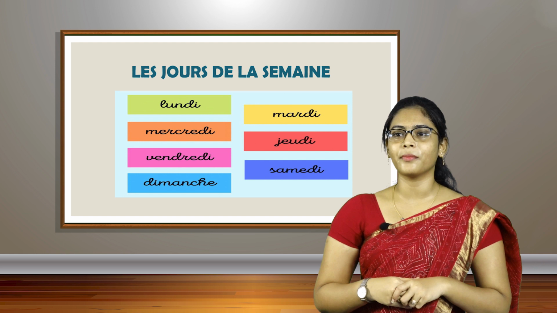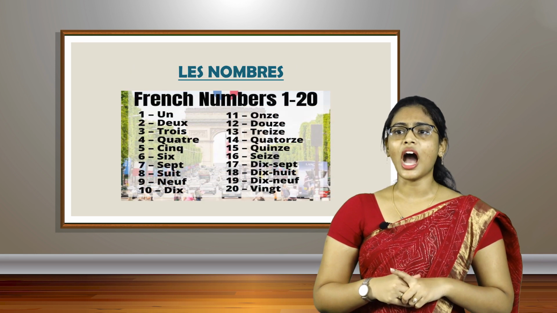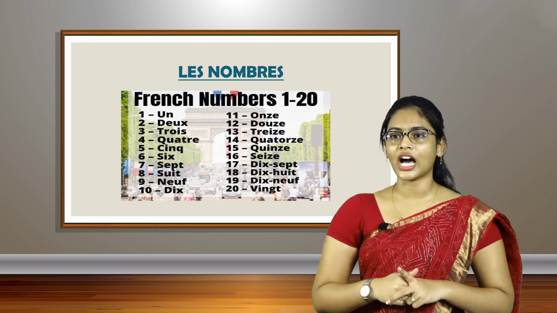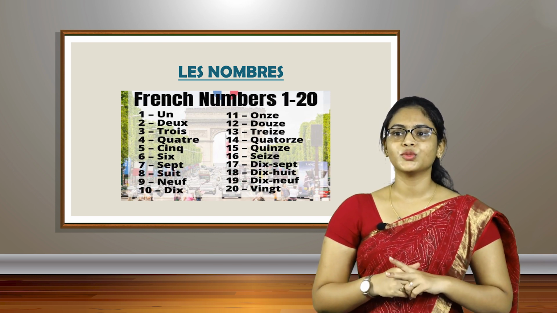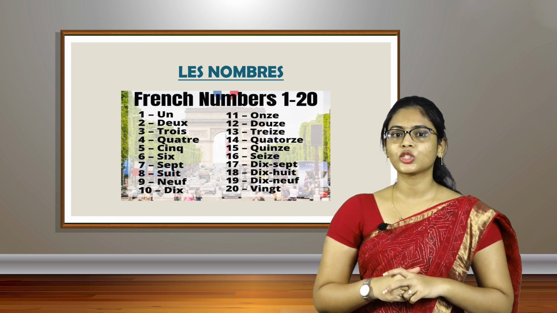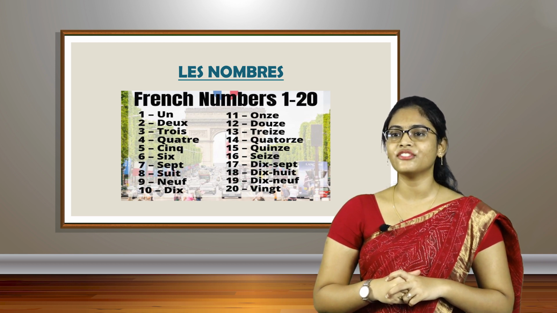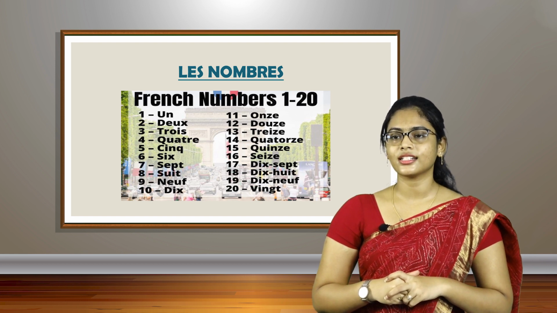Moving on to the numbers. To start with number 1, you can have 2 types. One is un, which you use for masculine, and une is for the feminine. Then 2, 3, 4, 5, 6. Sept is 7.